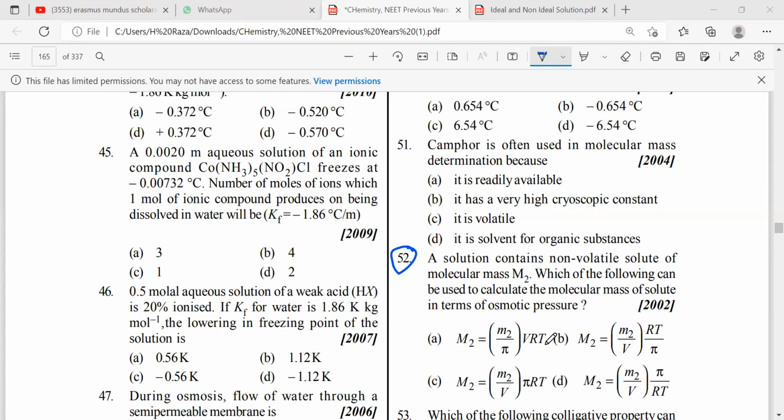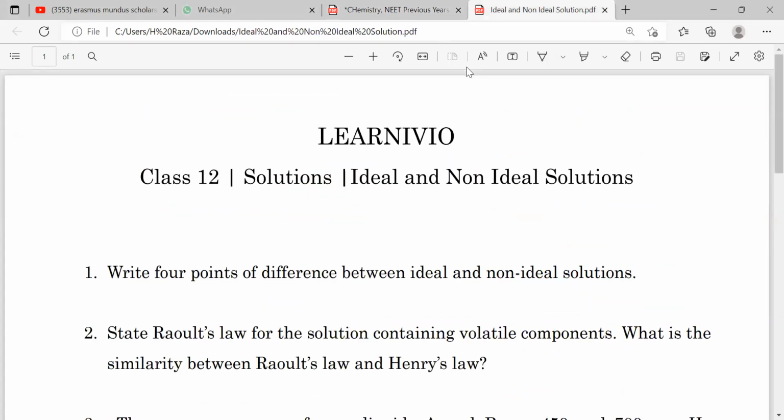Yes, it is. Very good. Option B is the right answer.